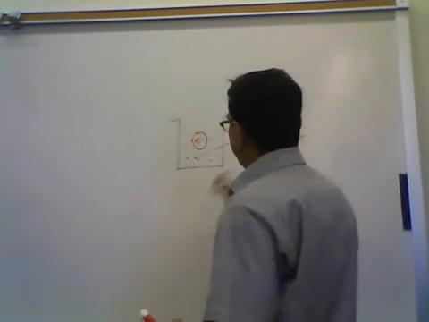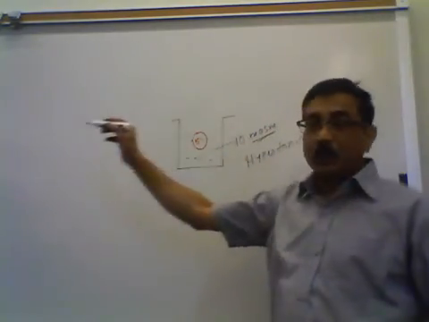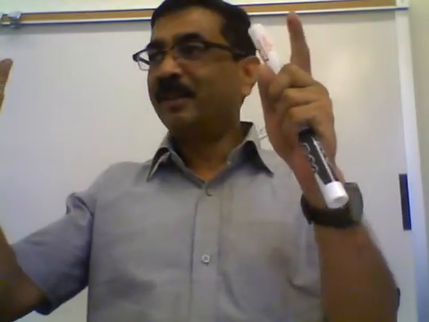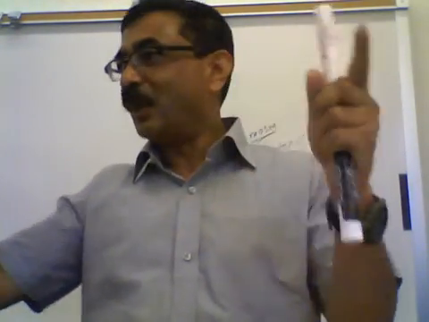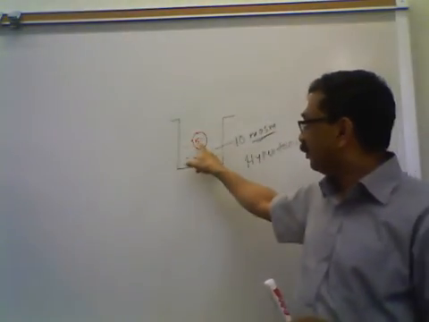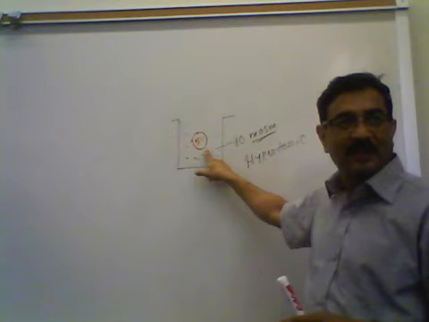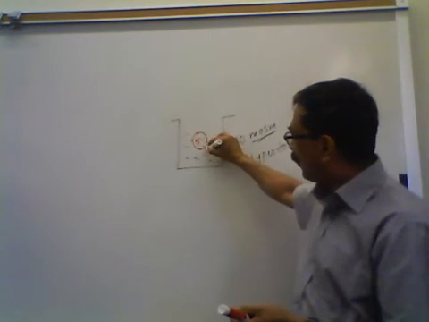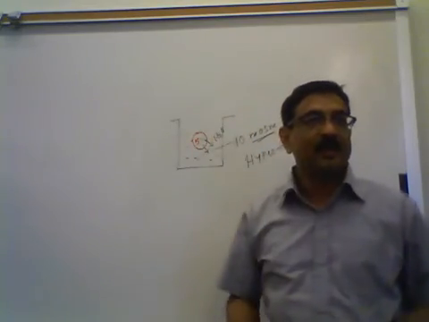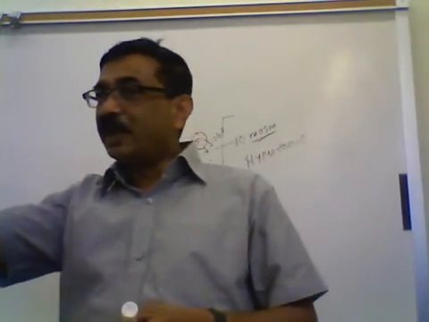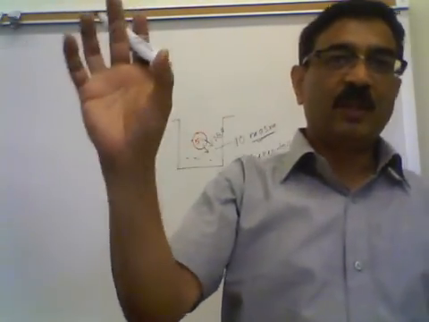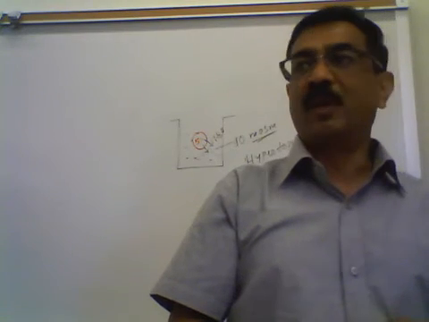So now you tell me which way the water will move. Water always moves from what? In osmosis? Low to high, right? Always from low to high. So which way will the water move? Out. Make sense? So water will come out from the cell. Is it clear? Osmosis. So will the cell get bigger or smaller? Smaller. The cell will shrink, will get smaller, squeeze.